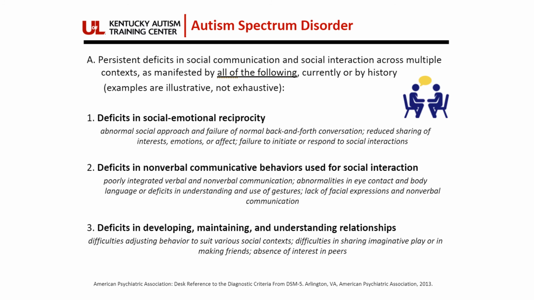But for students with autism, they struggle to read body language. They struggle to understand facial expressions and all the other components. A ton of our language and a ton of the way that we communicate with each other is through body language. So this can be a key deficit for our students.